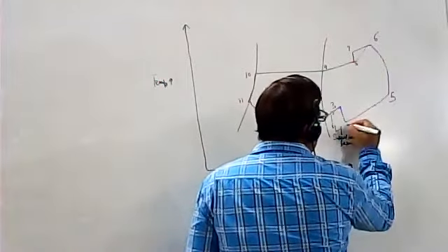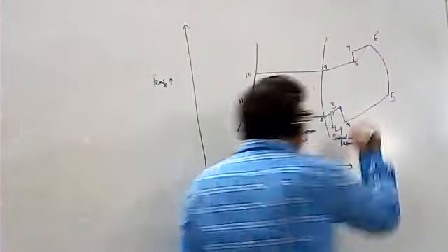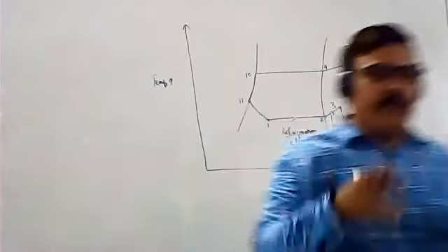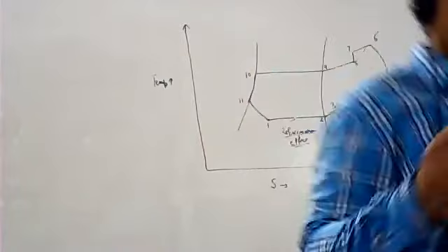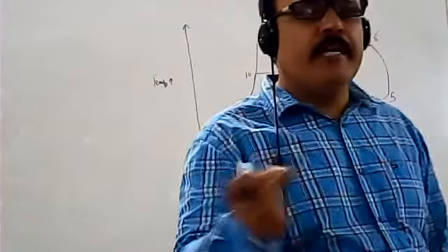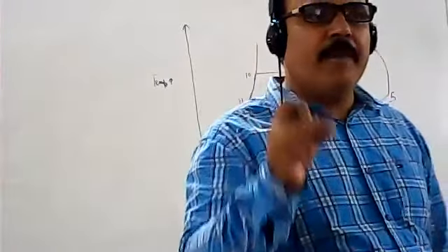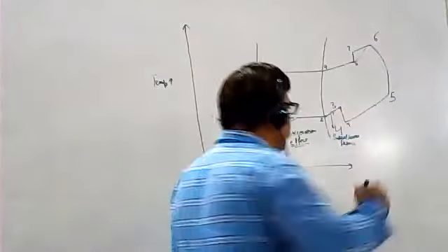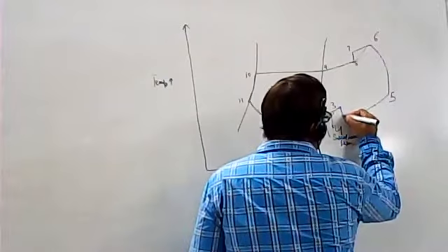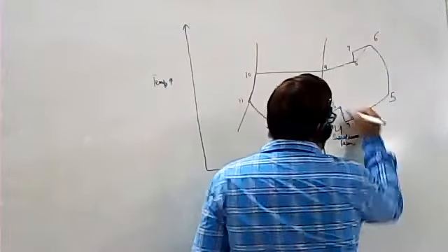After this, 3 to 4, the superheated vapor passes through the pipe and enters the compressor, from the evaporator to the compressor. Then what will happen? A little bit of friction will be there, so there is a drop in pressure from 3 to 4.